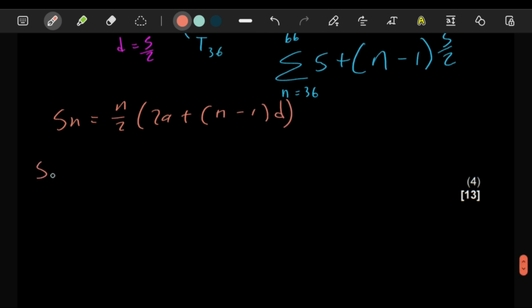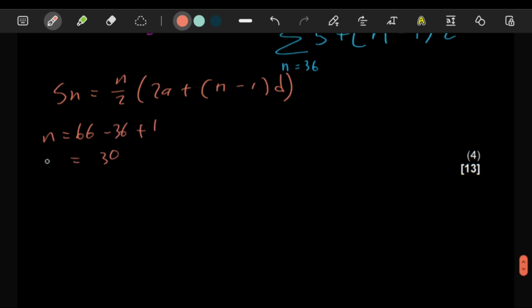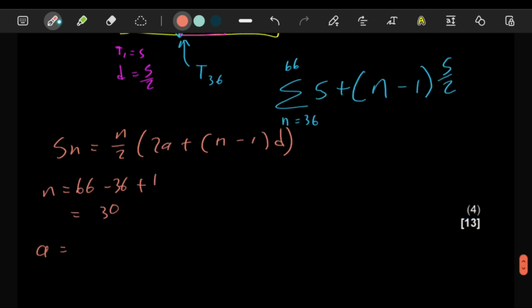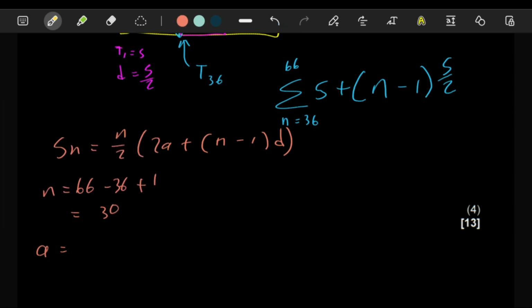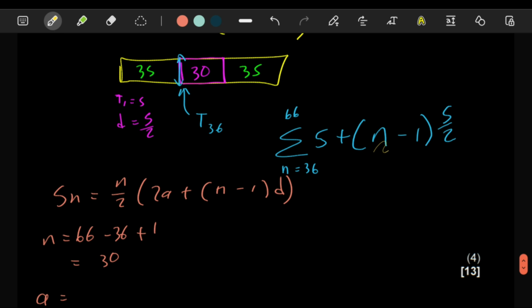So here n is going to be equal to 66 minus 36 plus 1. This is just adding 30 terms. Then a, remember, you have to be careful here. A is what you get when you throw the first term number, 36, into the formula.